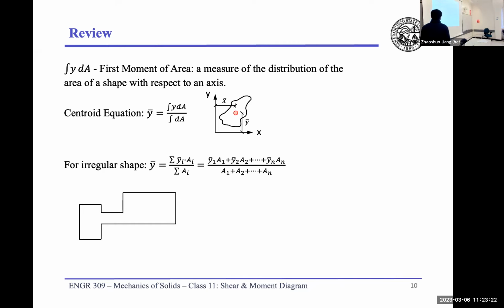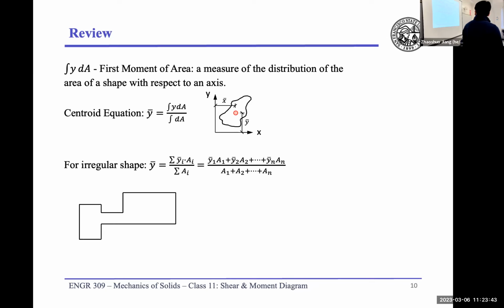So here is an example. This is an irregular shape, right? And in this irregular shape, we can divide it into 3 pieces, for example, the first one, the second one, and the third one. The reason that we divide it into common shapes is because, for example, for a rectangular shape, we know where the centroid is, right?